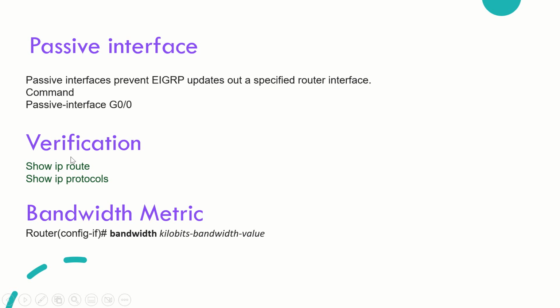To verify EIGRP routing, you can use show ip route, show ip protocols, show ip eigrp neighbors, and a lot of commands. And to change bandwidth also, you can manipulate the metric with this command, bandwidth and the value here. This is manual, you can change it.